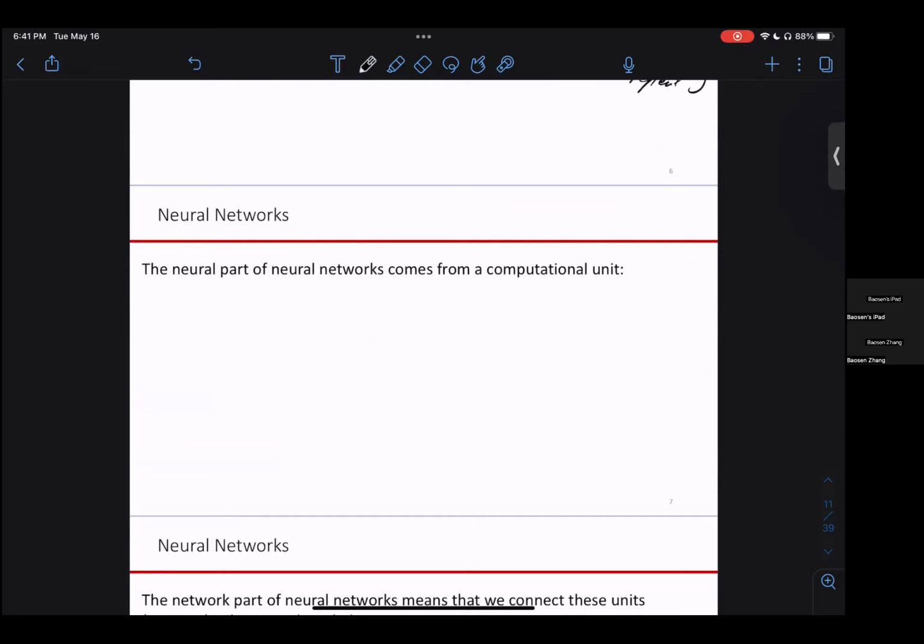And drawing this out a bit more, in representation, you can think of this as a neuron. This is your computational unit. There's some function that takes a linear combination of your input and gets something out of it.